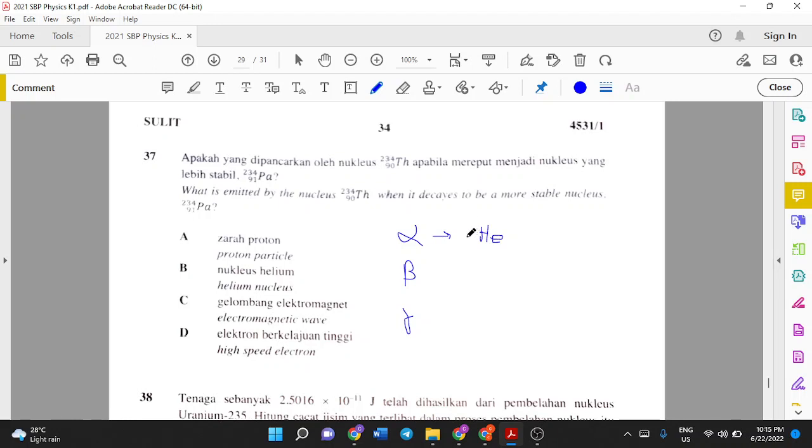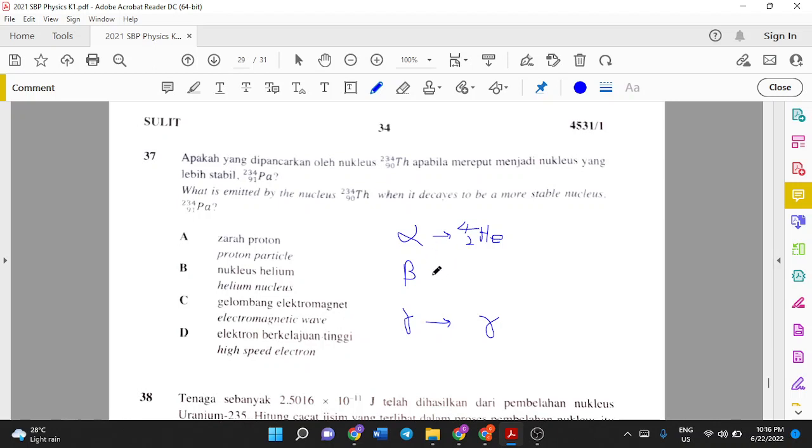The helium has 2 protons and 2 neutrons, so the total is 4 nucleons. And gamma just releases energy, the gamma ray, without releasing any particle, which means that when the nucleus decays there will not be any decrease or increase in the proton and neutron number.